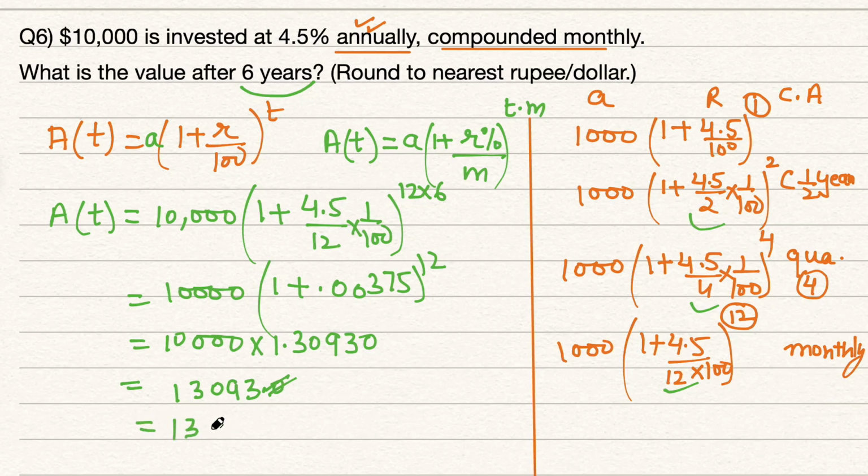So the amount is 13093, because this is amount. So rupee or dollar, whatever. Okay, so 6 questions are in part 1, and then in part 2 we will do a little bit of higher difficulty level questions.